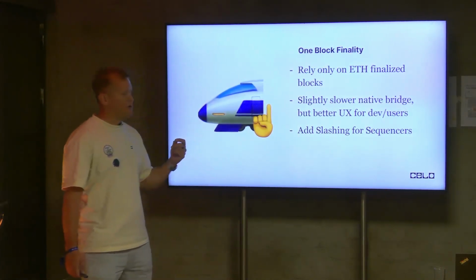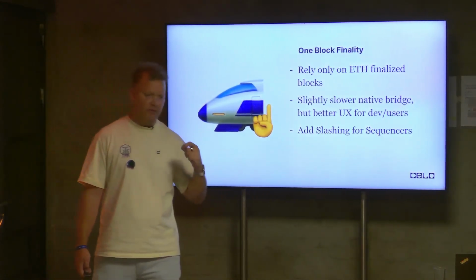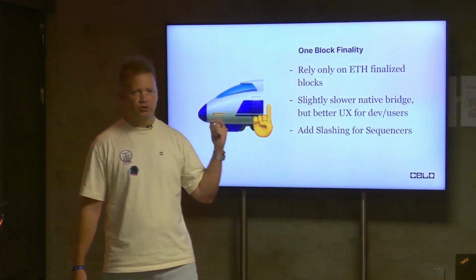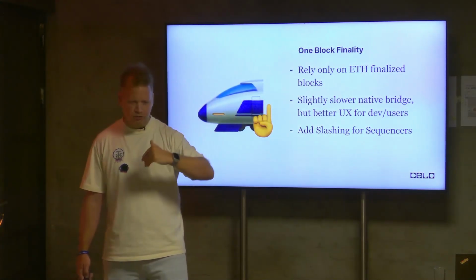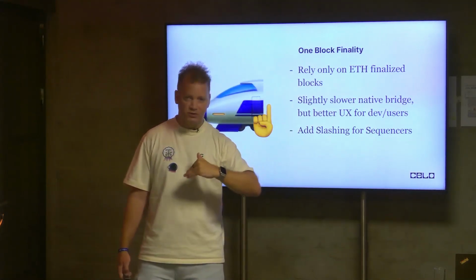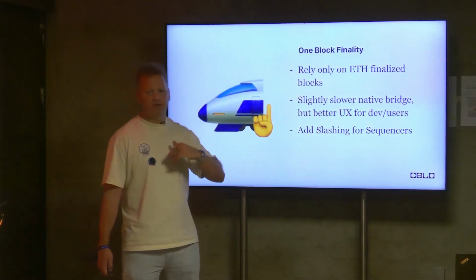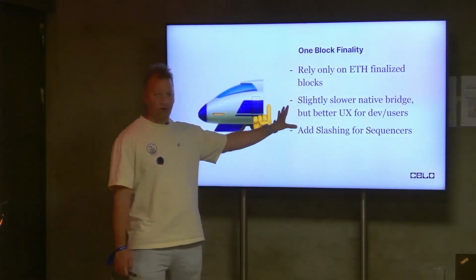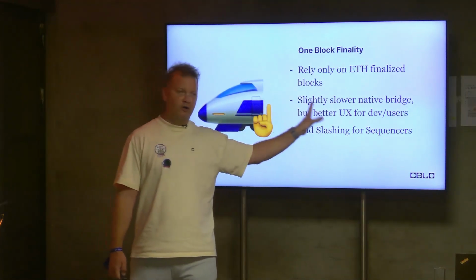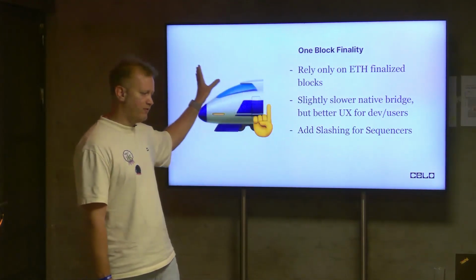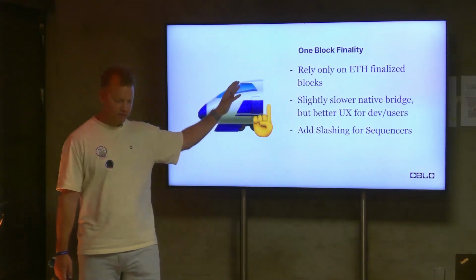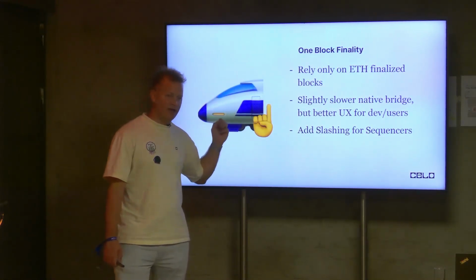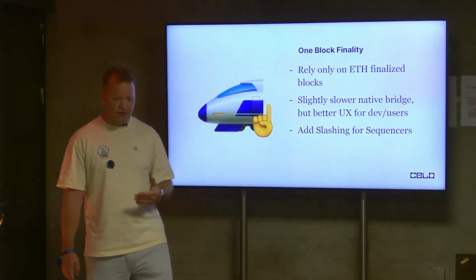But also, it's using information from Ethereum blocks. When they do deposits, or what they call forced transactions, they're using information that is in Ethereum blocks. Now, Ethereum blocks are not final until 15 minutes after. If you use things that happen before those 15 minutes, there's a chance that Ethereum can reorg.